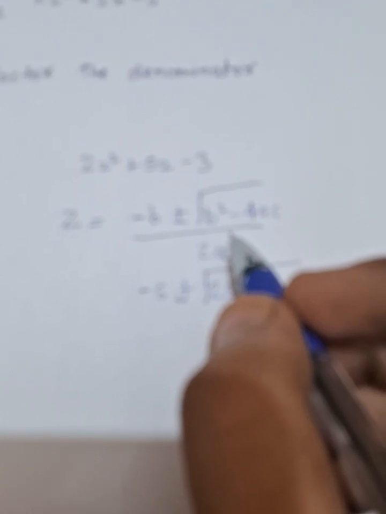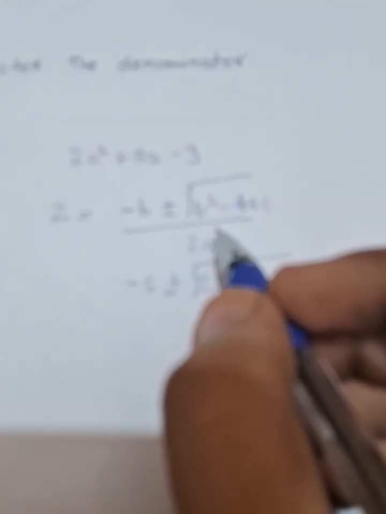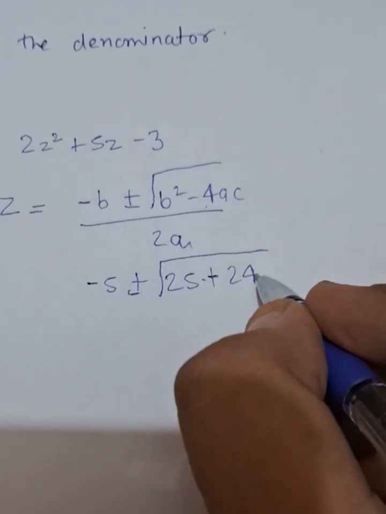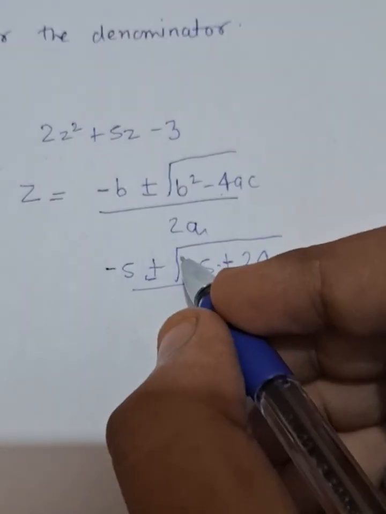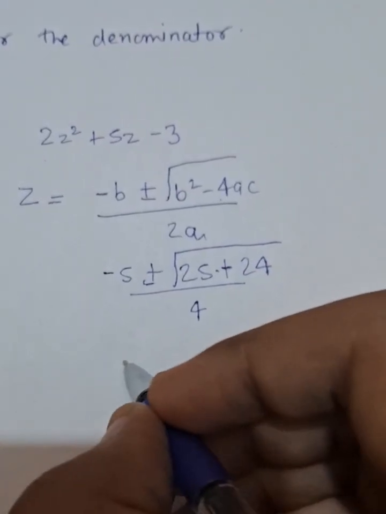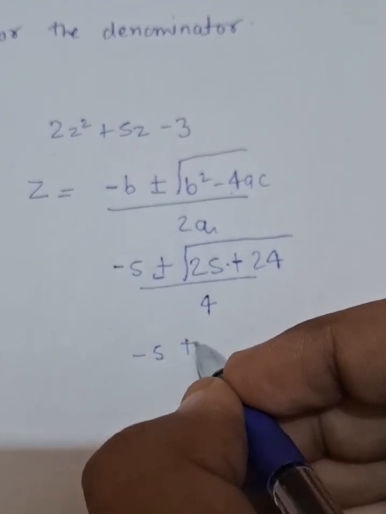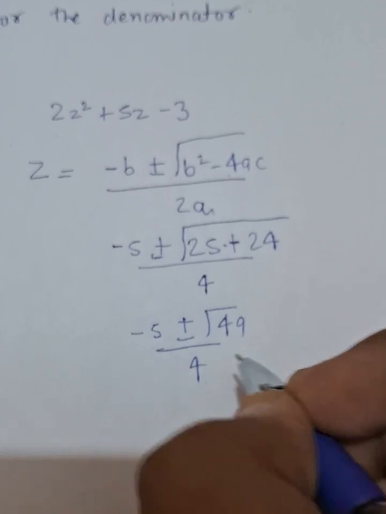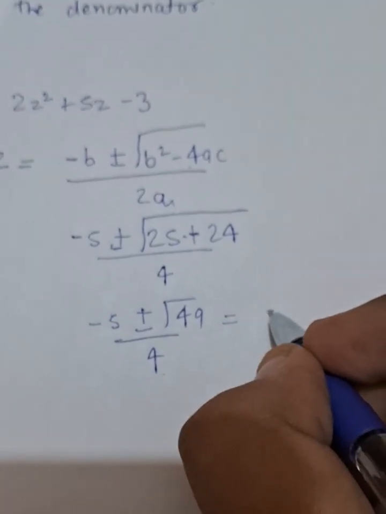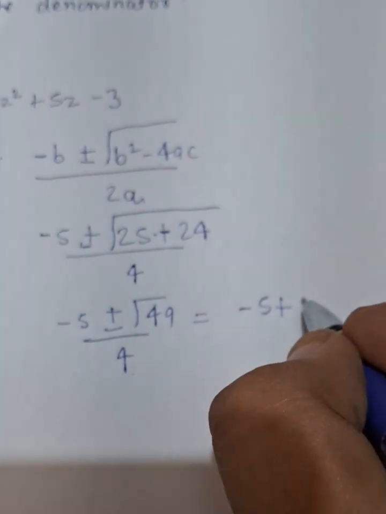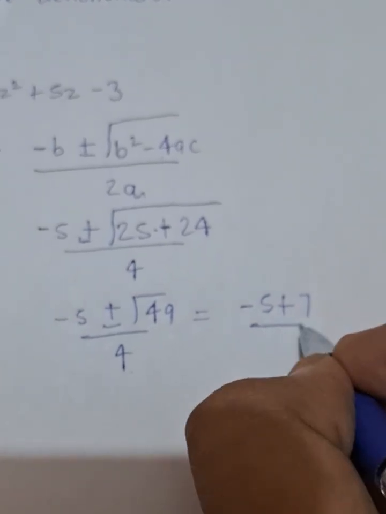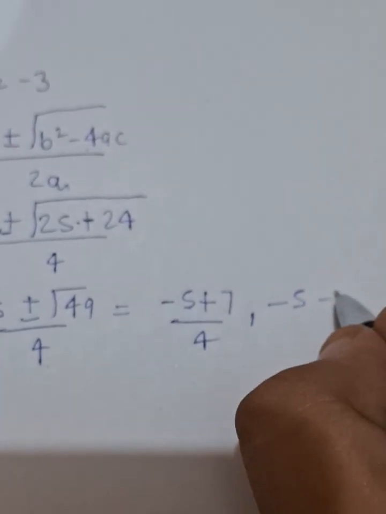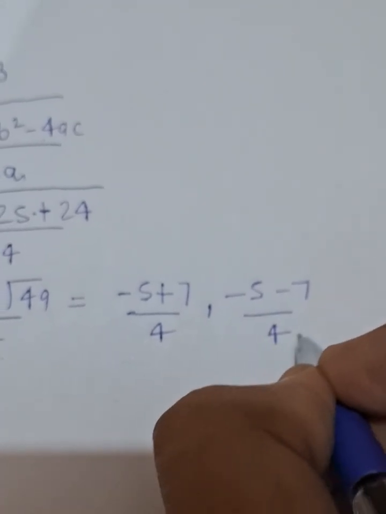So it will turn out to be plus 24, upon 2 times a, and a is 2, so 4. So our value would be minus 5 plus minus root 49 upon 4, which in turn is minus 5 plus 7 upon 4, comma, minus 5 minus 7 upon 4.